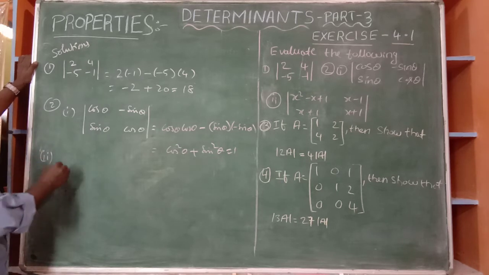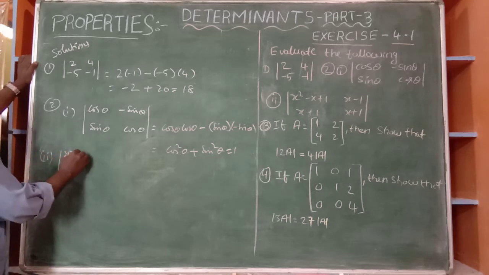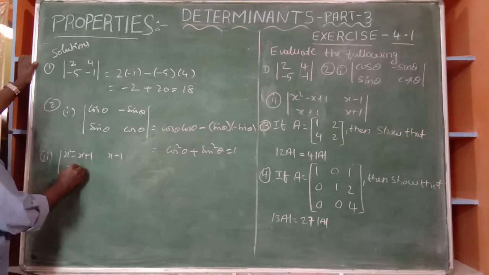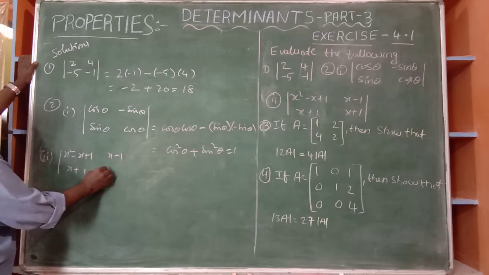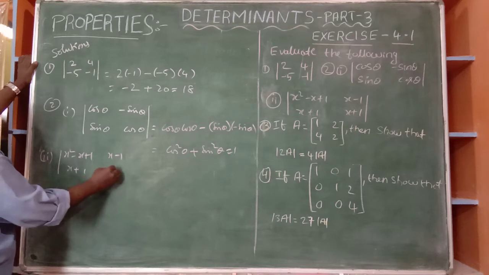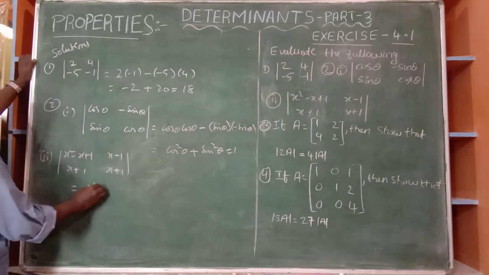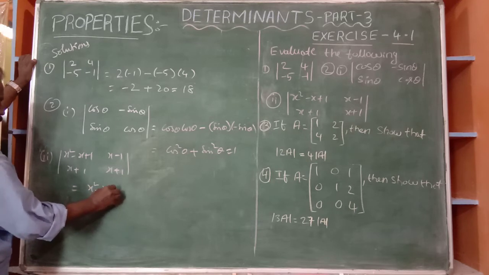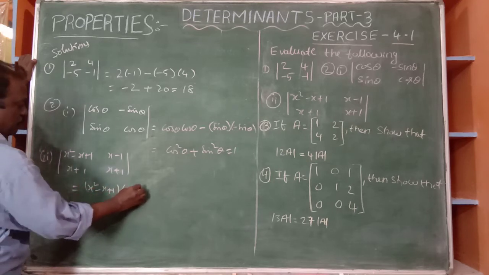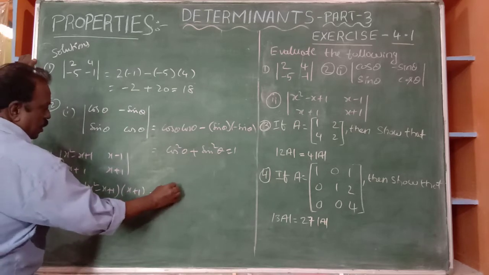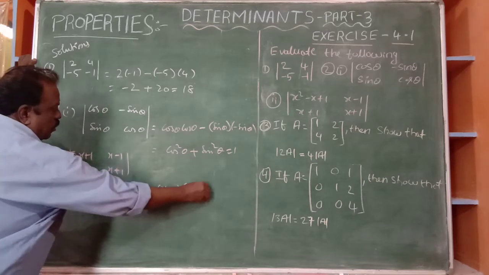And we go to next. It is [[x square minus x plus 1, x minus 1], [x plus 1, x plus 1]]. It is also a determinant. By definition, x square minus x plus 1 into x plus 1, that means ad minus bc, minus x plus 1 of x minus 1.